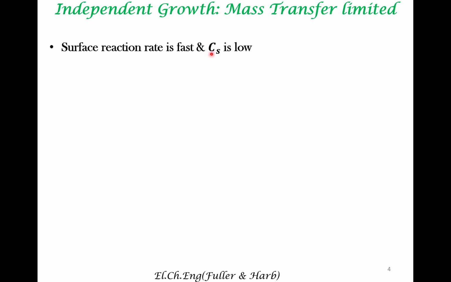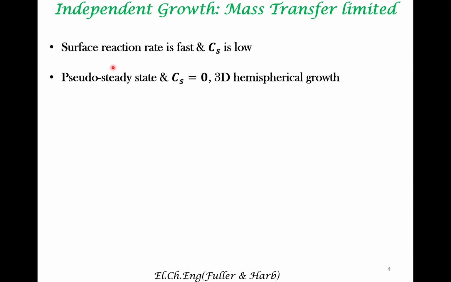So the transport of this species from the bulk of the electrolyte to regions adjacent to the electrode, that transport mechanism is controlling. That is slower compared to the crystal growth rate. So in this limit, you can consider a particular limit where CS is 0. This helps in setting up the boundary differential equation and solving it.